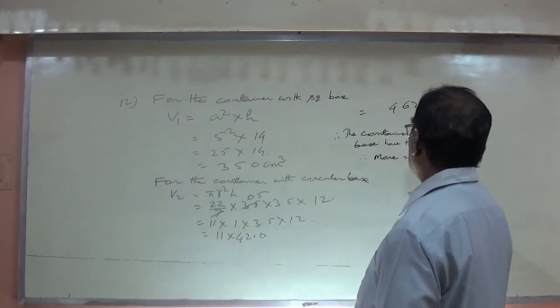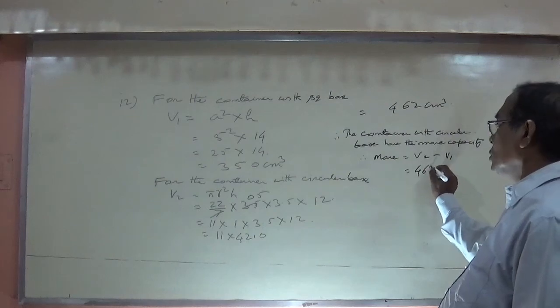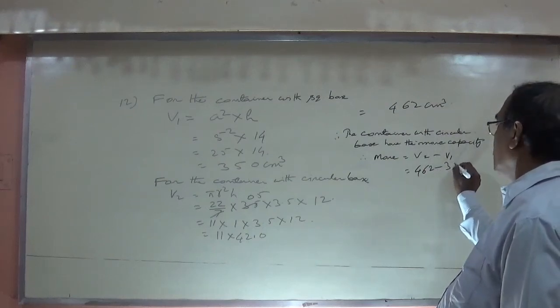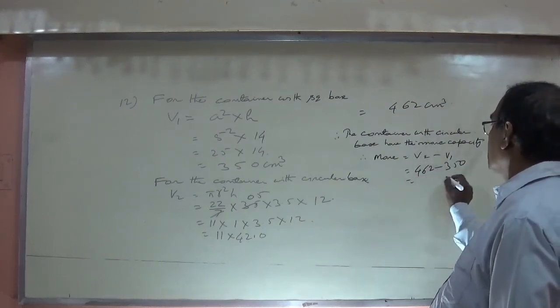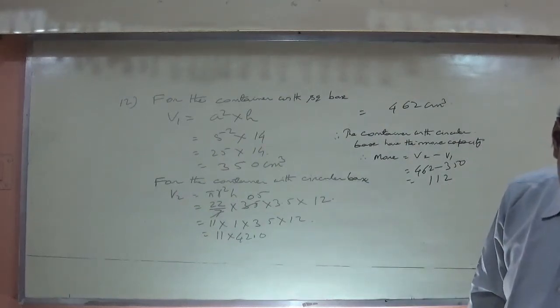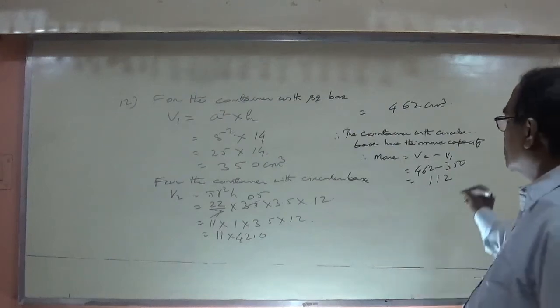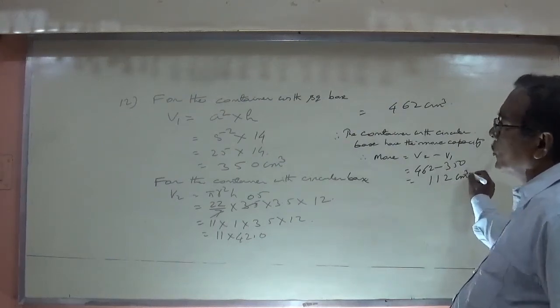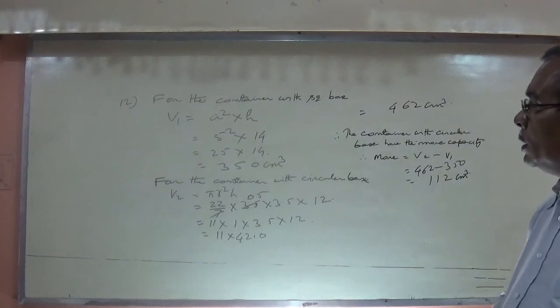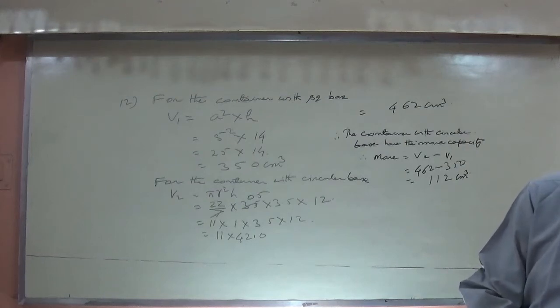It is V2 minus V1, which is 462 minus 350, and this will come as 112 centimeter cube. This much more is there in the circular base container. So this is about question number 12.